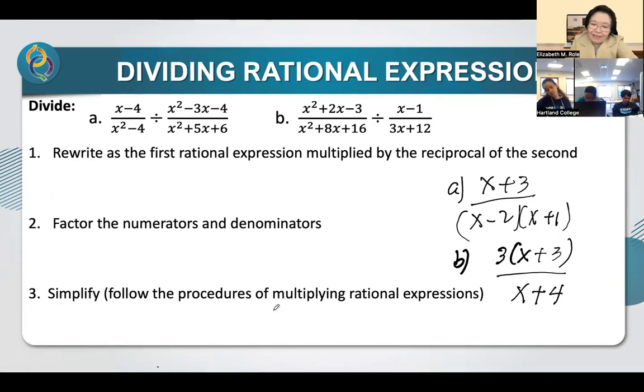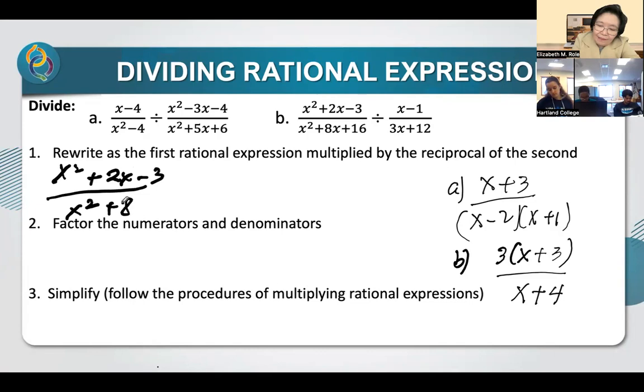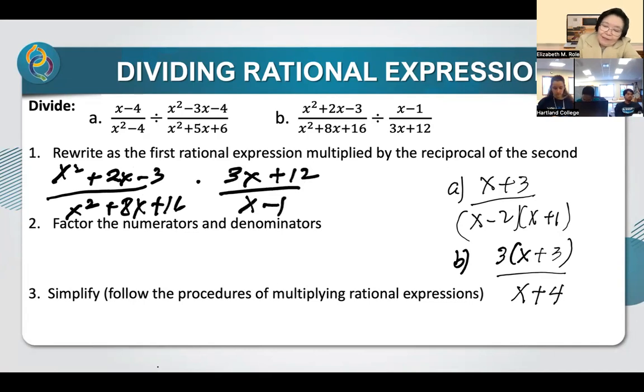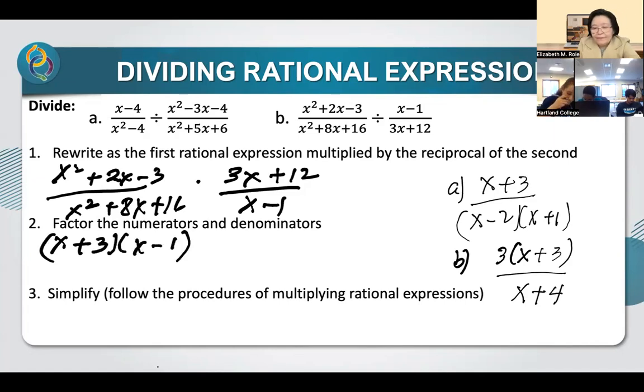Just the same for letter B, you rewrite x squared plus 2x minus 3 over x squared plus 8x plus 16 multiplied by 3x plus 12 over x minus 1. The factors of x squared plus 2x minus 3 are x plus 3 and x minus 1, because 3x minus x is 2x and 3 times negative 1 is negative 3. And what kind of polynomial is x squared plus 8x plus 16?